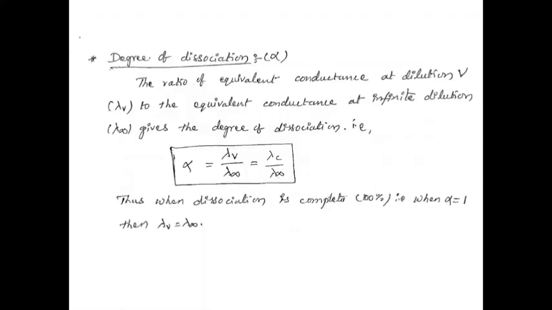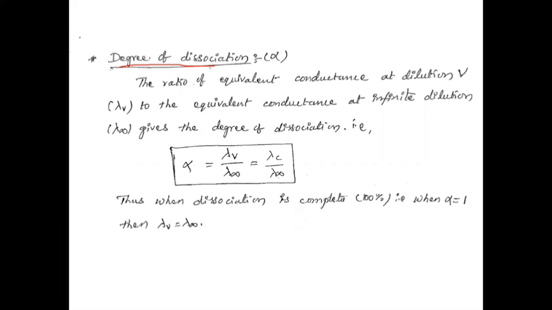So next one, that is degree of dissociation. Degree of dissociation is indicated with alpha. Then how can you define the degree of dissociation? It is very simple.